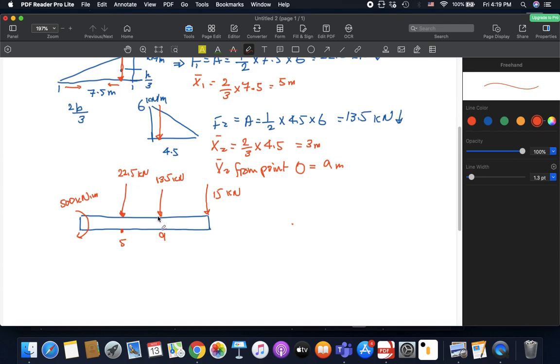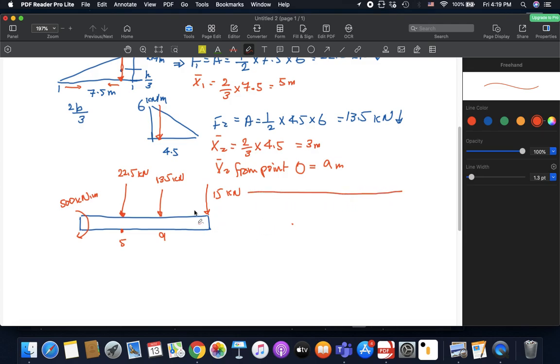Now, from these 3 forces, as we've learned before, we need to find a resultant force. Now, that resultant force that we will find, multiplied by the distance from this new resultant force, would equal the moment caused by all these forces plus the couple moment. That's what we discussed before in section 4.8.